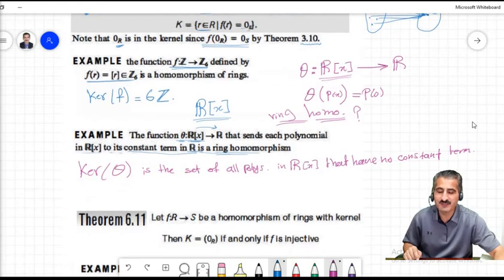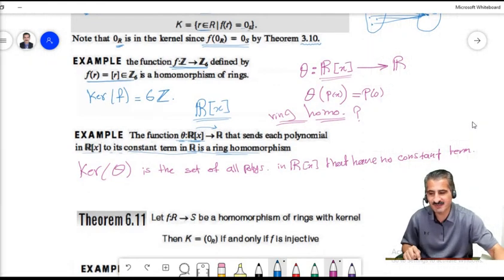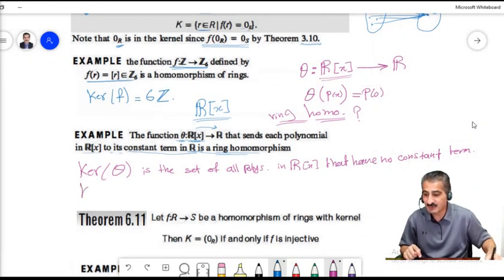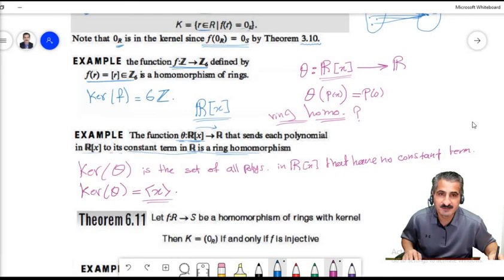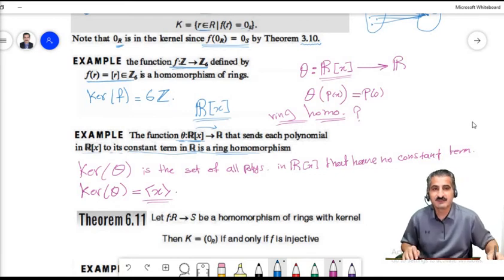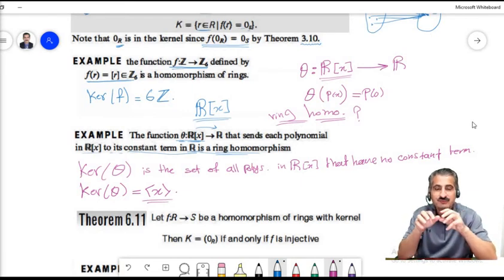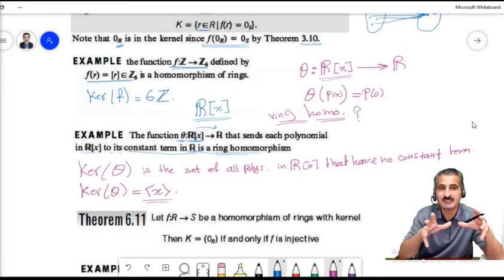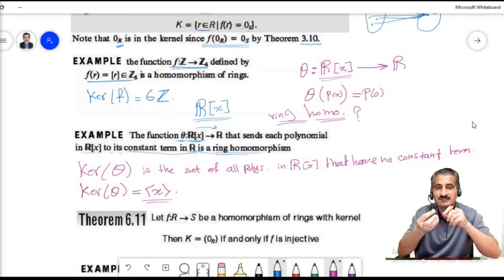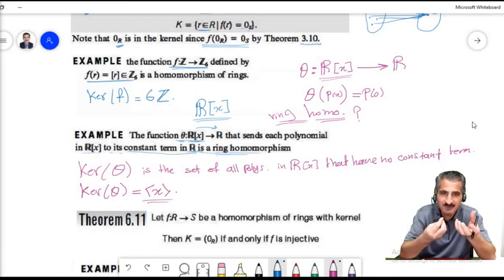powers of x. All terms have powers of x, and actually, according to what we have learned about principal ideals, that means the kernel is generated by x, right? Because any polynomial with no constant term, which means any polynomial that in each of its terms there is an x, you can take x as a common factor. Then it is x times some other polynomial.